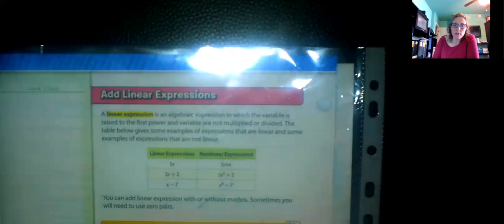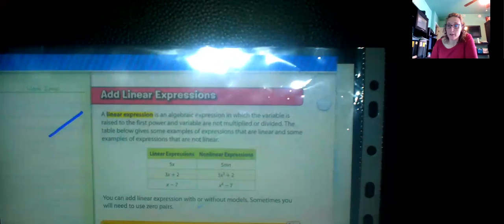Here they give you a couple of examples of what a linear expression looks like. Linear expressions just mean that it would make a straight line if we were to graph it on a coordinate plane. One of the things we have to know is that we have a variable, but no exponent.